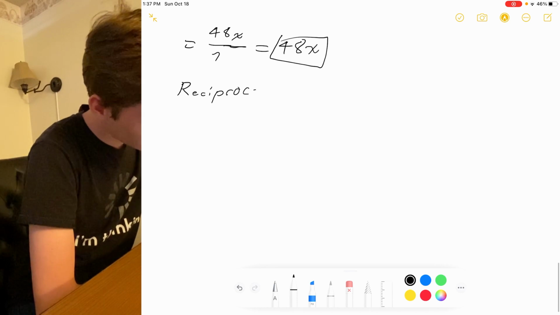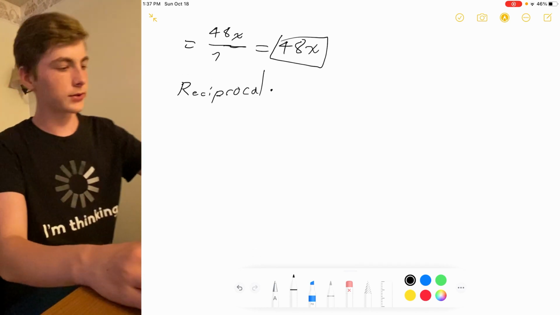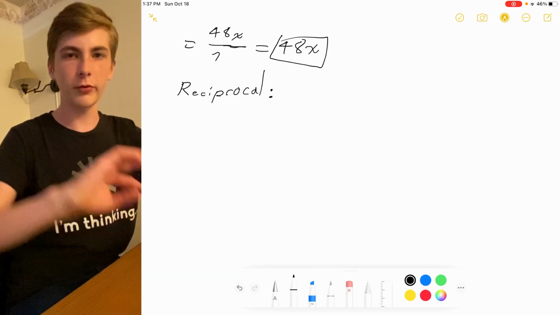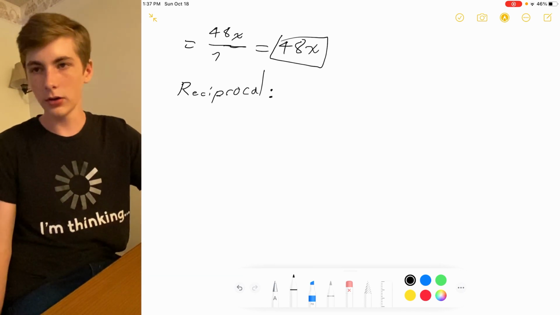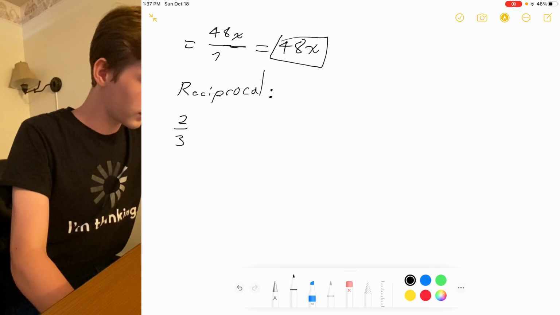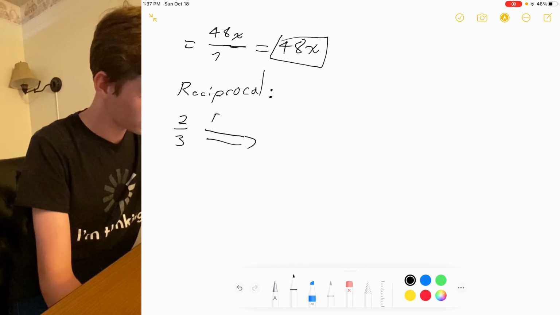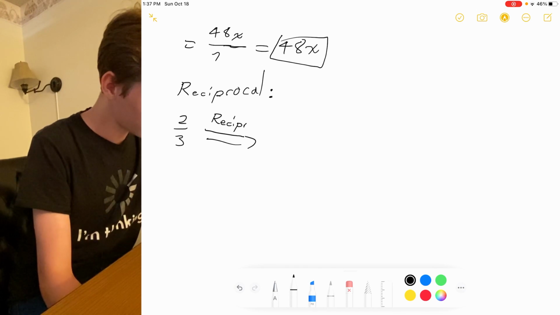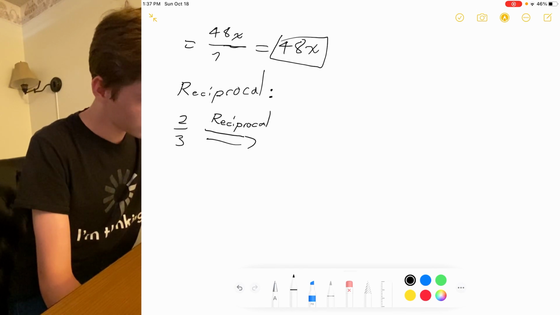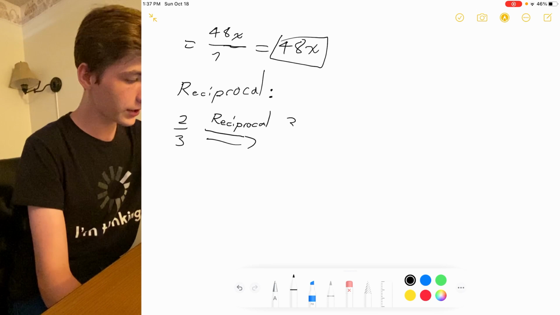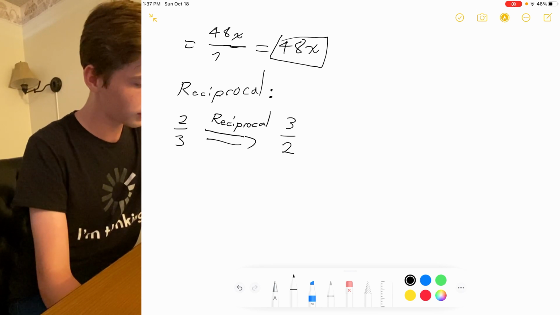Practically speaking, all a reciprocal is, is when we flip a fraction over. So let's say we have 2/3 and we ask for the reciprocal of that. If we take the reciprocal of 2/3, we're just flipping the fraction over, so that just means 3 over 2.